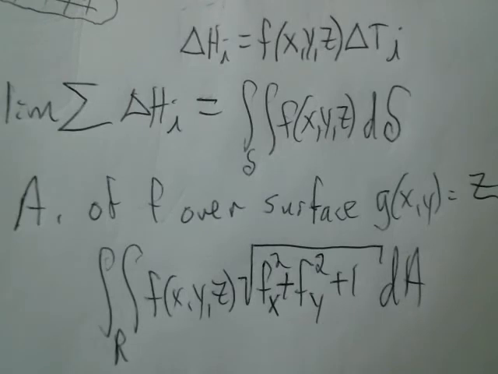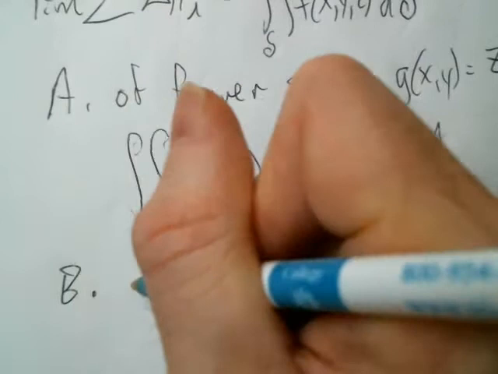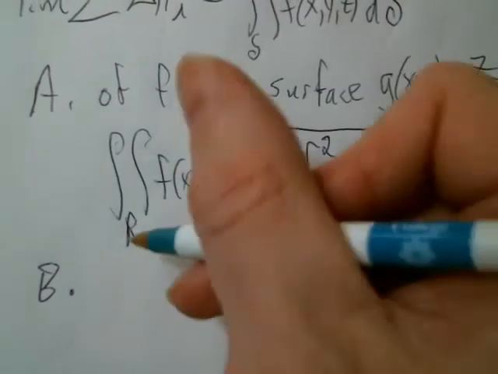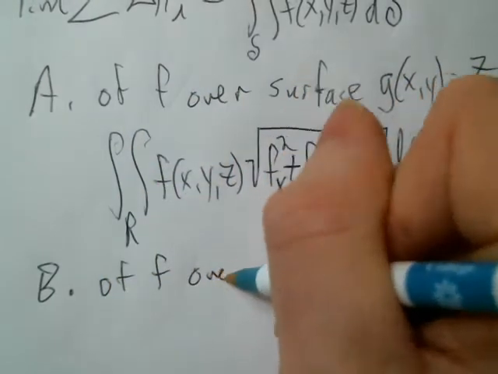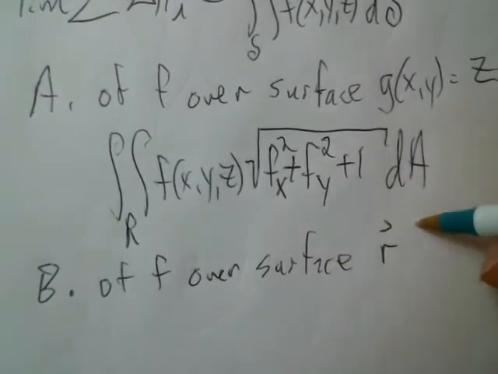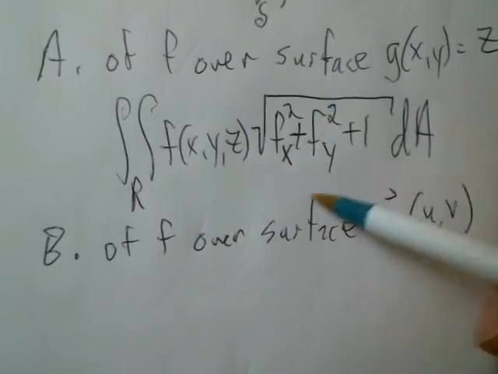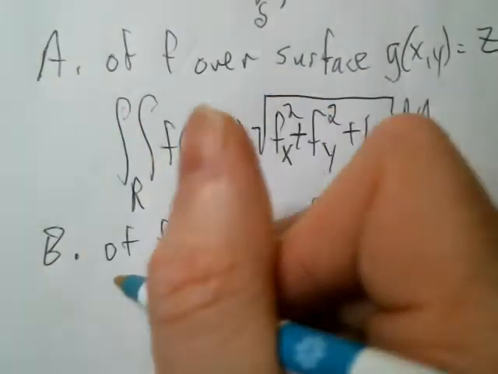The other version, part B, is where instead of z equals g of x, y, we have r of u, v. In that case, instead of using this, you have to use the literal cross product element in the formula.